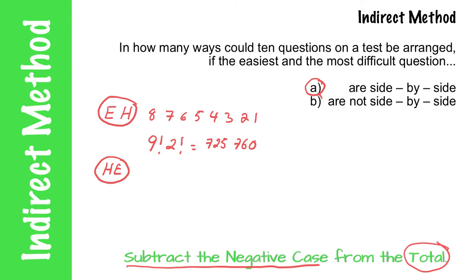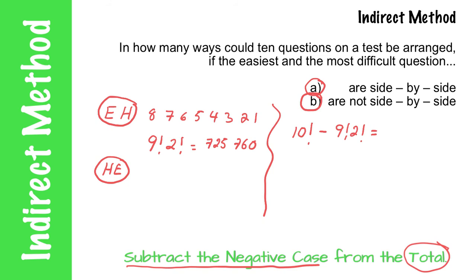To find the answer to B, where they're not side by side, we take the total and we subtract the negative case. So the total number of ways you can arrange 10 questions would be 10 factorial ways. You then subtract 9 factorial times 2 factorial, which is what we just calculated, to then get our answer.